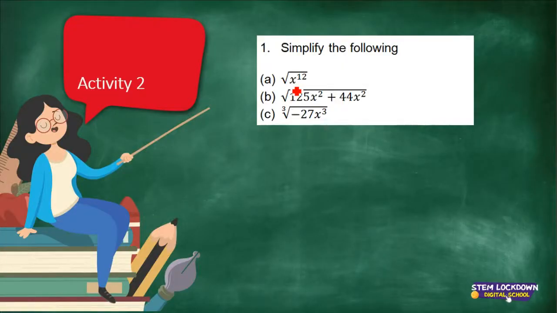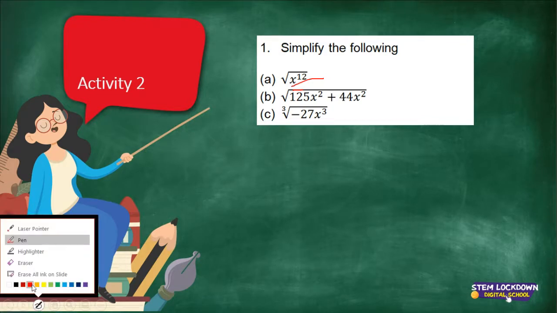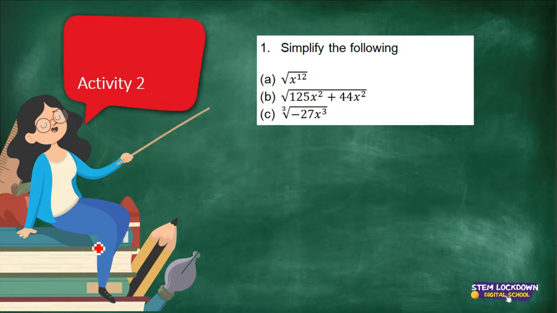Now, I need you to give me the answer for A. Remember, in term 1 we looked at numbers, but in term 2 we're looking at variables as well, numbers and letters. I'm giving you a couple of seconds. Probably this will be my last activity for the day, and then I might just give you homework as well.